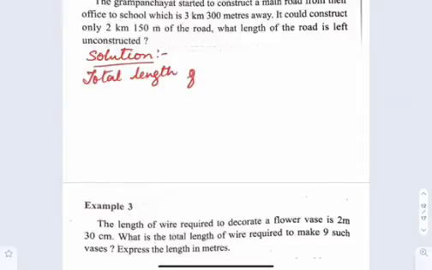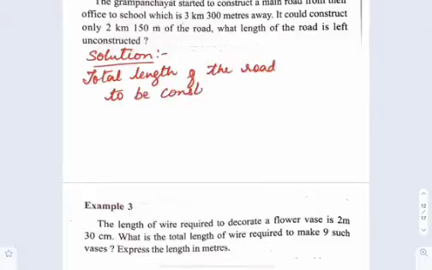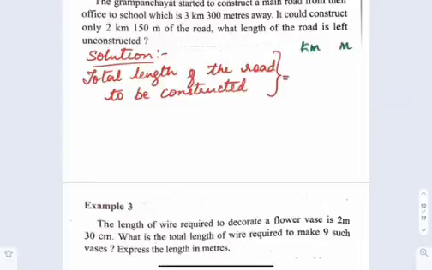Length of the road to be constructed. Now it is 3 kilometers 300 meters. Now length of the road that has already been constructed.